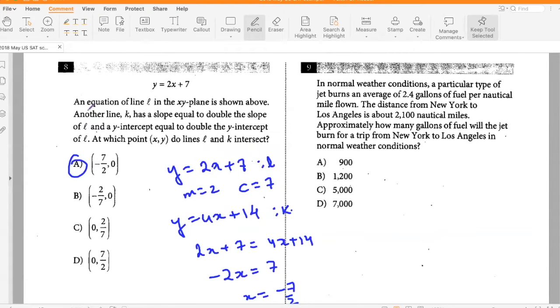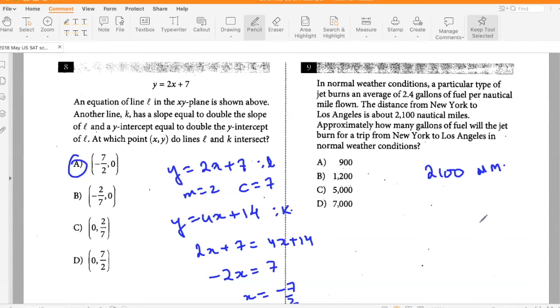In normal weather conditions, a particular type of jet burns an average of 2.4 gallons of fuel per nautical mile flown. The distance from New York to LA is 2,100 nautical miles. Approximately how many gallons of fuel will the jet burn for a trip?